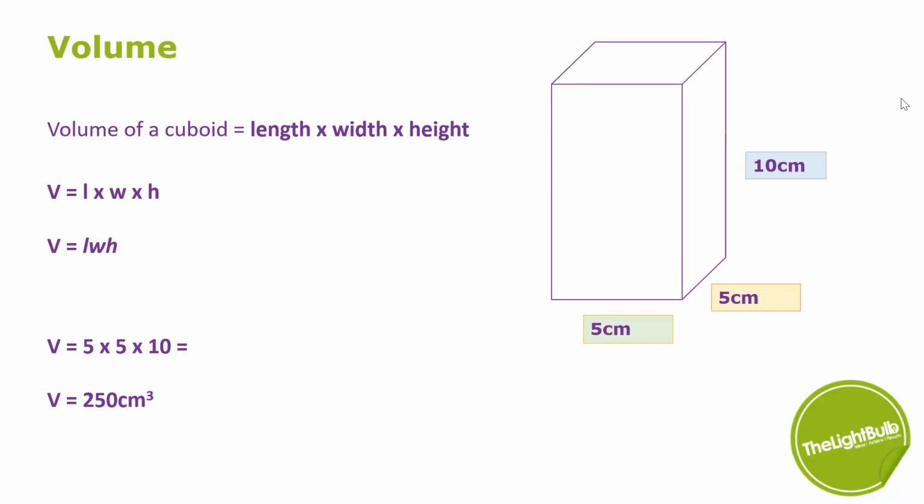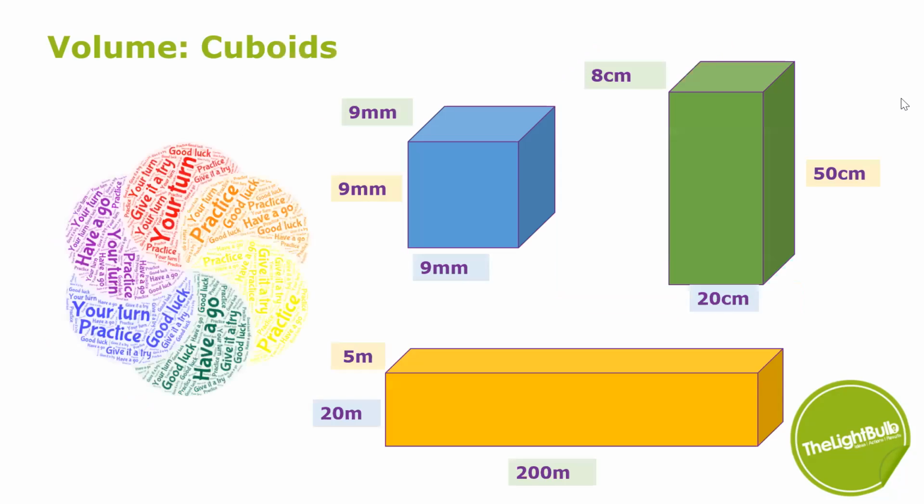Just going to bring up a couple of examples for you to try on the next screen. Here we go. So 3 boxes here. Have a go at the blue one first of all, and see how we get on. I'll give you 10 seconds, but feel free to pause the video. You can use a calculator if you like for this blue box, and we'll take answers shortly.